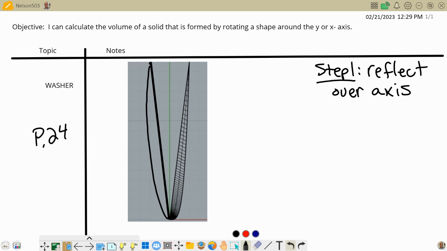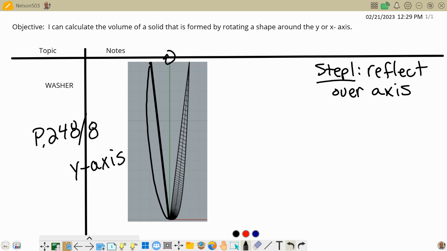Page 248. Have your textbook open, please. Please do your best with Miss Moriarty. Don't hassle her. So page 248, number 8, and I've reflected it over the y-axis because that's what it says to do in our problem. We're rotating about the y-axis. So I usually draw a little arrow there to remind myself, hey, let's go over the y-axis, okay?